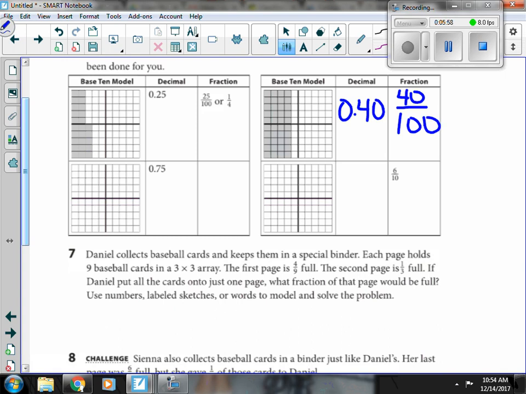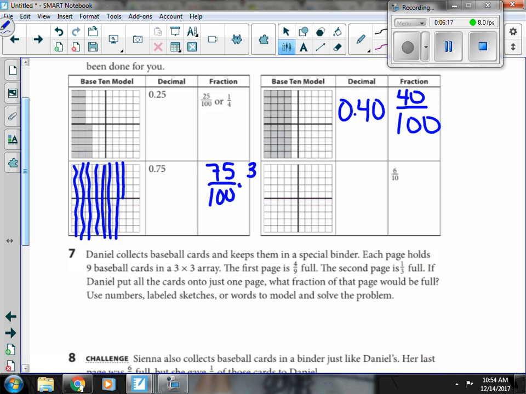This one gives us 75 hundredths, so I need to shade 10, 20, 30, 40, 50, 60, 75, and 75 hundredths. Looks like that. If you wanted to simplify it, you could write 3/4. And the last one is 6/10. As a decimal, it looks like 0.6, and that's just 6 rows. So 10 rows, or 6 rows.